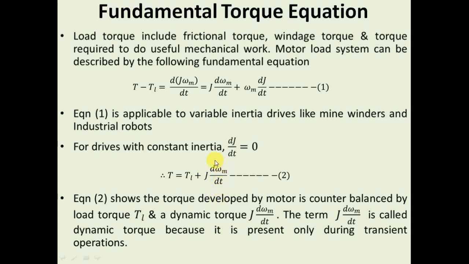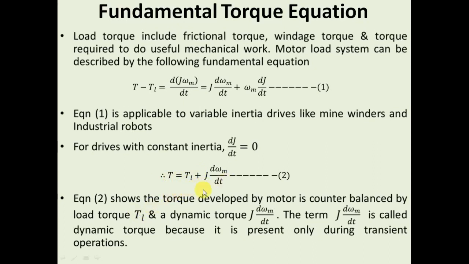Transient component means this particular term will exist only during the transient condition. The transient conditions in a drive are actually the acceleration or deceleration conditions. Now, considering this particular term as 0 is possible only when the velocity is constant. When this particular term is 0, T is equal to TL, and the drive will always be rotating at a constant speed.